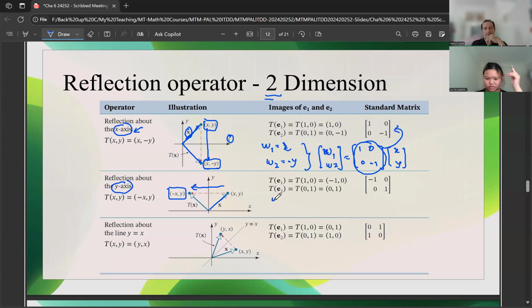So w1 will be minus x, and w2 will be y. And then w1, w2 will be the matrix -1, 0, 0, 1. So this is the reflection about the y-axis.